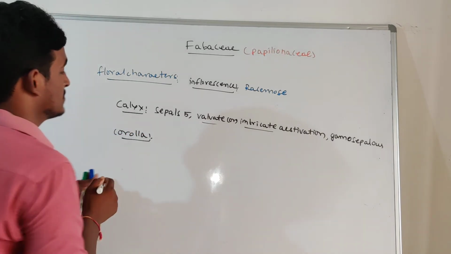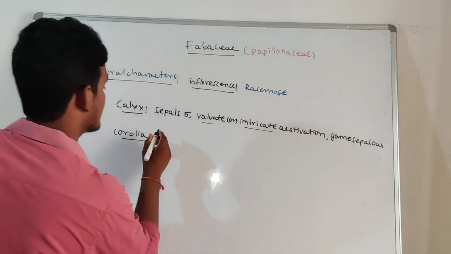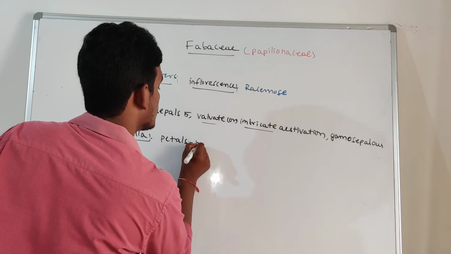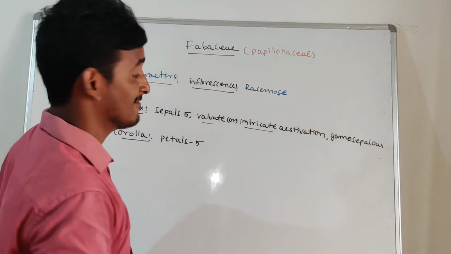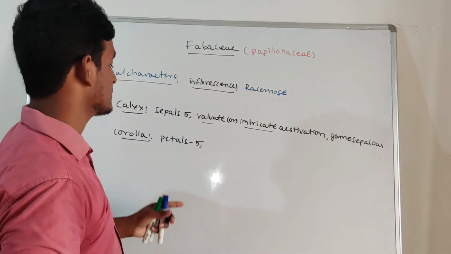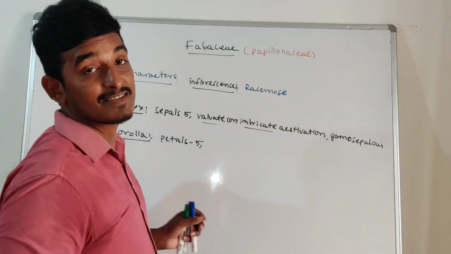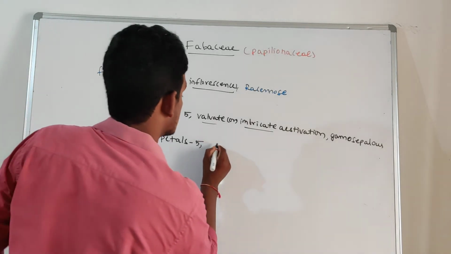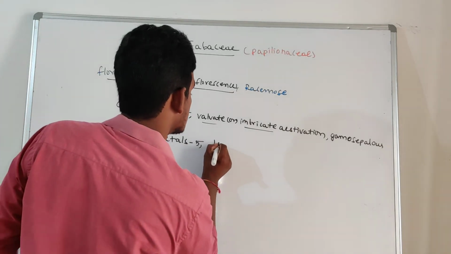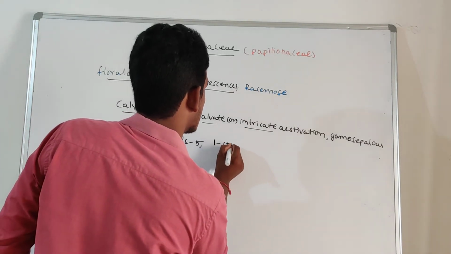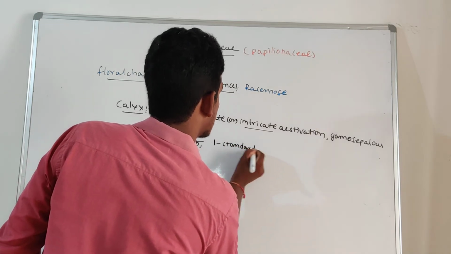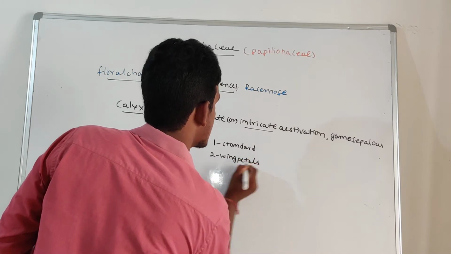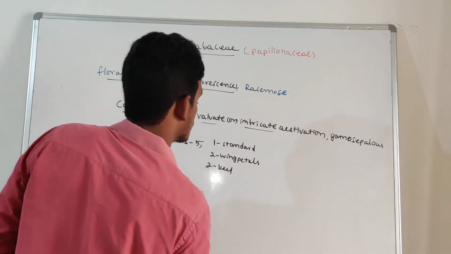corolla. In the corolla we are discussing what? Petals. How many petals are found? 5. Are those petals united or separated? Here there are a total of 5 petals. Out of these 5 petals, there is one standard petal, 2 wing petals, and 2 keel petals.